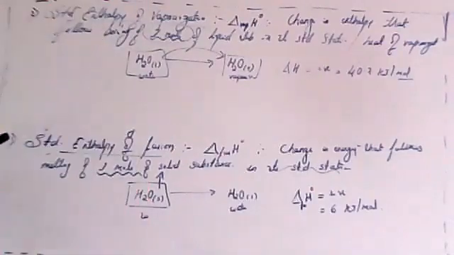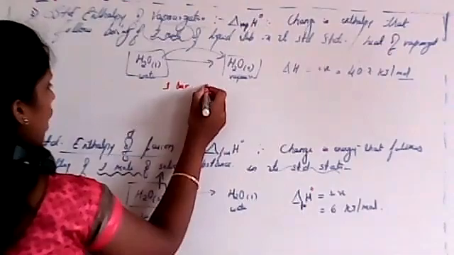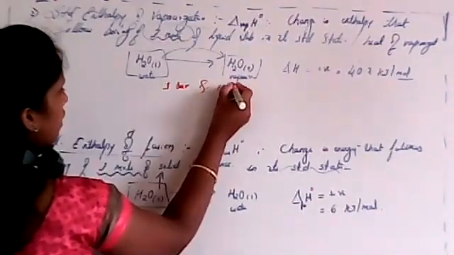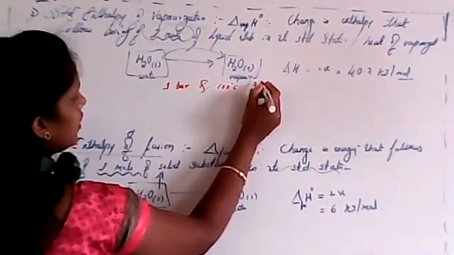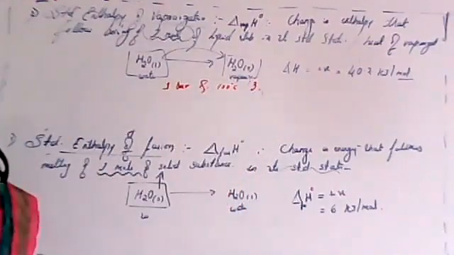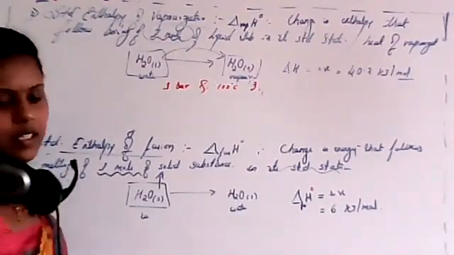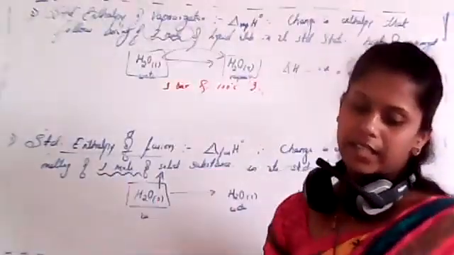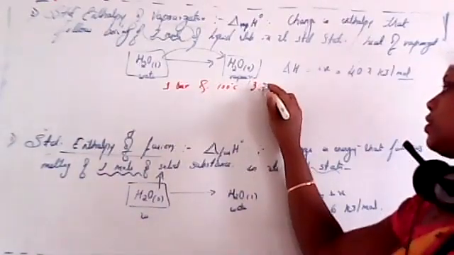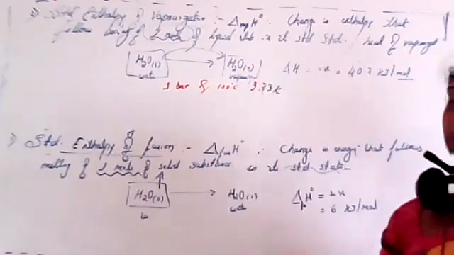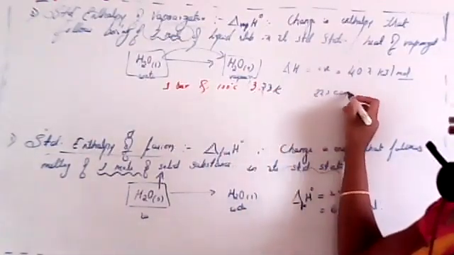So now in this case, the condition is 1 bar pressure and 100 degrees Celsius. That is nothing but 373 Kelvin, isn't it? 373 or 273? 100 degrees Celsius, so 273 plus 100, okay?